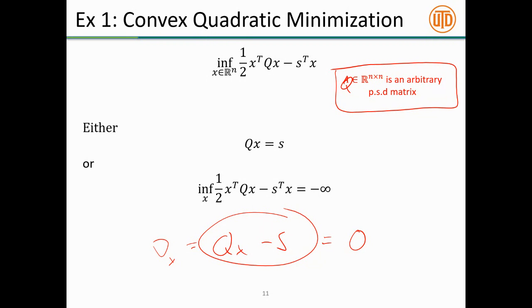But if you tilt it slightly, it has no place where the gradient is equal to 0. It just runs off to either positive infinity or negative infinity along that line. So the same thing is true here: either there's a solution with Qx equals s, or we can make the objective function as small as we want without bound.